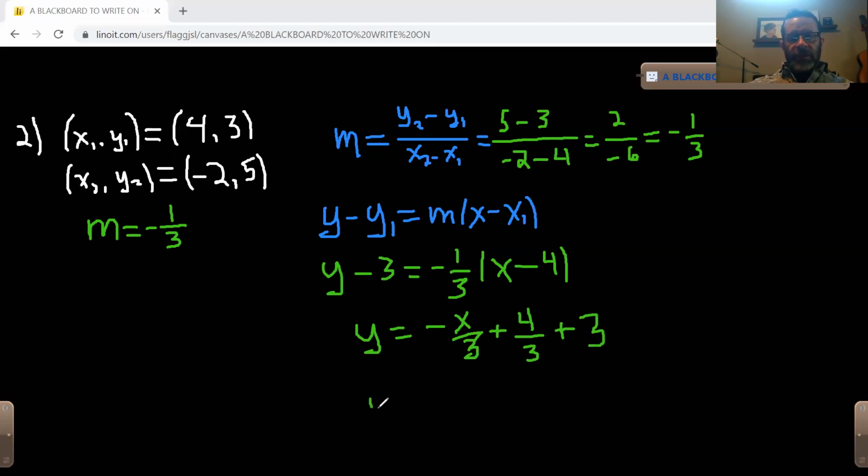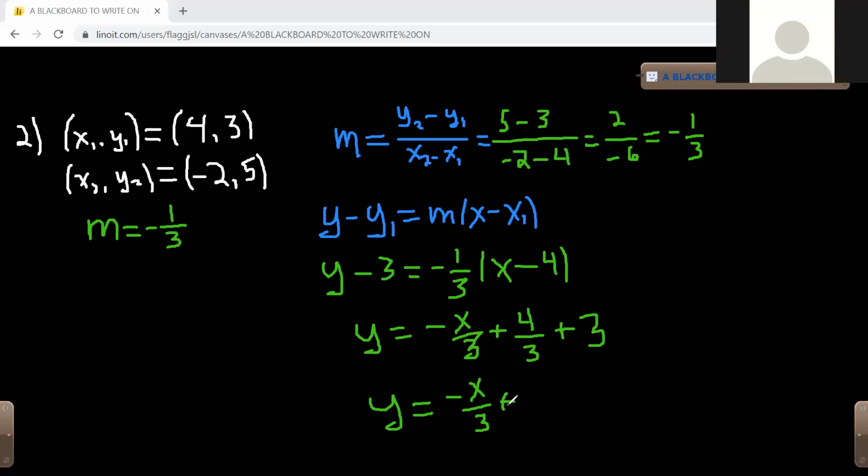And so this is going to be equal to y equals minus x divided by 3, and joining these through to here, 3 times 3 is 9, plus 4 is 13/3, I think. Perfect, thank you. Over 13/3.